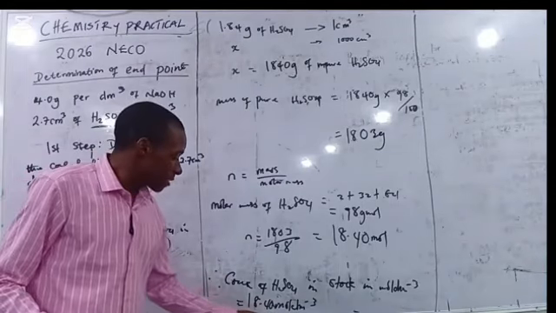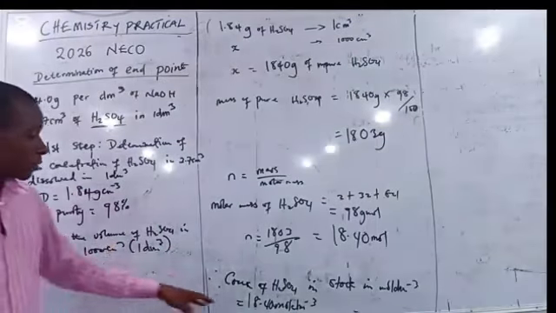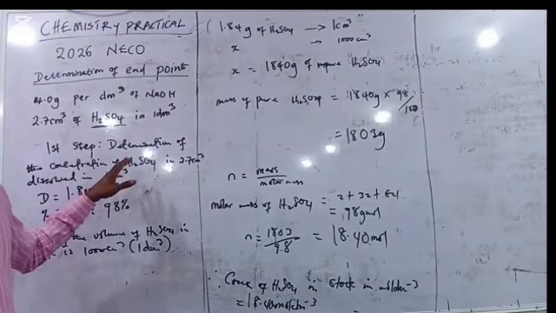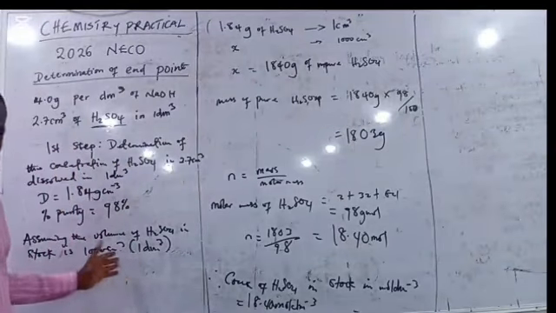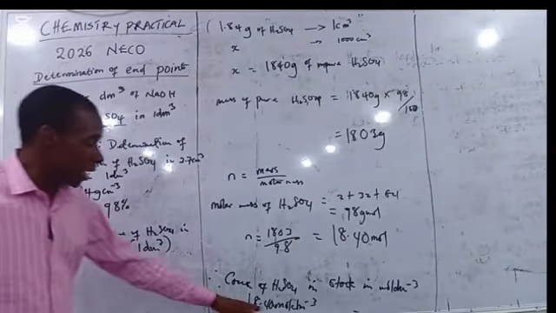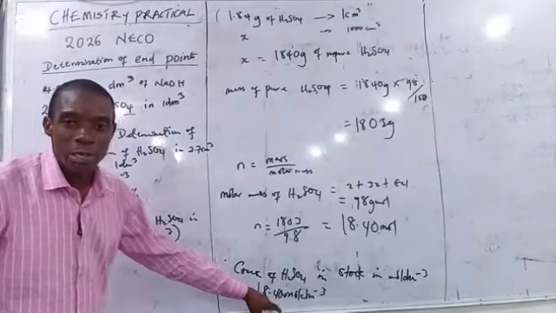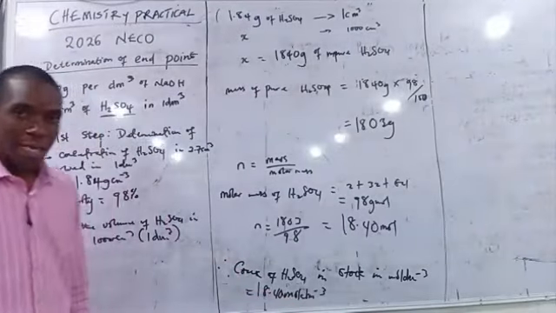First thing is we identify the concentration in stock. Now, sometimes this is the common figure for the concentration of H2SO4 in stock. You may skip this step if you don't want to do this calculation, but you just need to know that the concentration of H2SO4 in stock is 18.40 mole per dm cube.